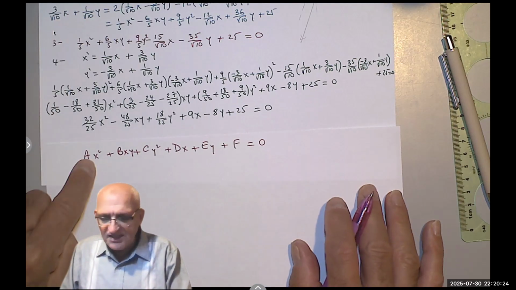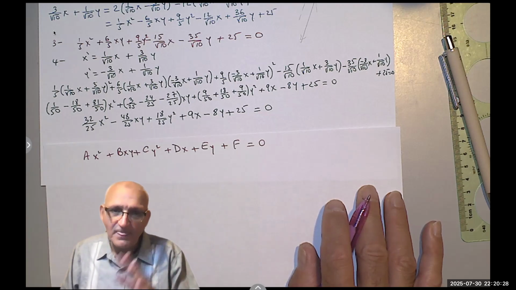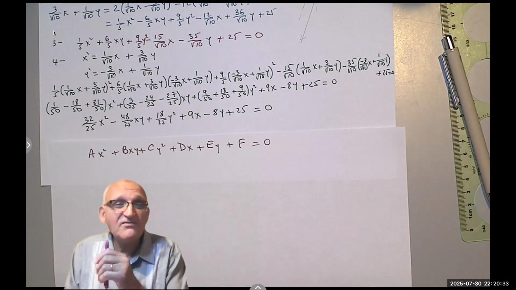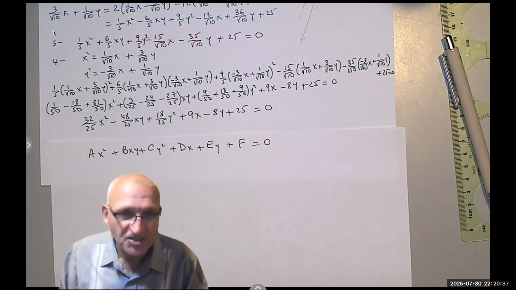We told you that if A equals C, that's a circle. If it's not equal but same sign, it's an ellipse and so on. But now we have xy. We didn't have xy terms there because it was before rotation.